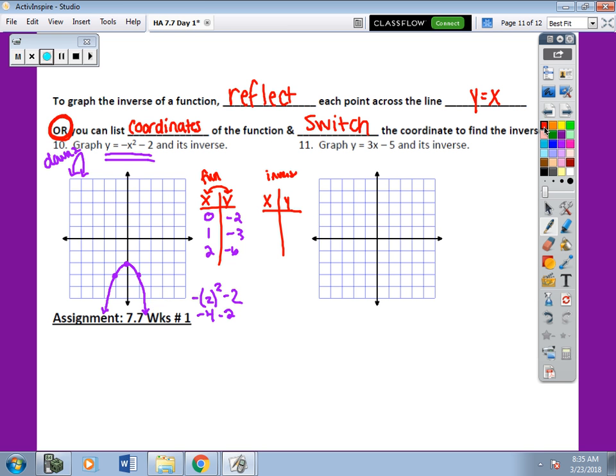Now for the inverse, it's up to you. If you did the table, all you have to do is flip these around. This will become negative 2, 0, negative 3, 1, and negative 6, 2. And then you'll plot those and connect them. If you don't want to do it that way, you can draw in the line y equals x and you can reflect each point across it.